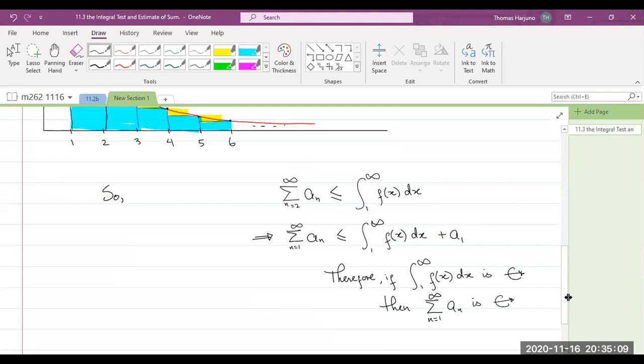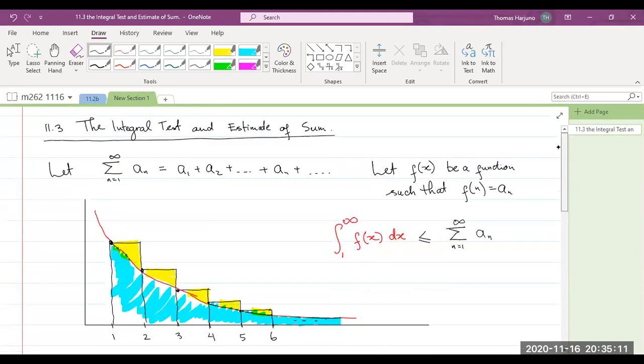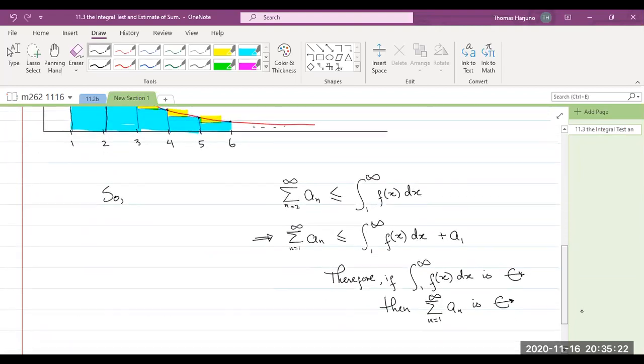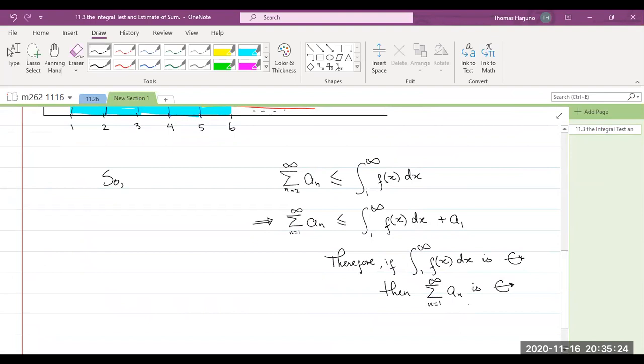I need to first say that the terms of the series are non-negative, cannot be negative. So you see the series has increasing terms, right? Because you keep on adding something positive and bounded above.